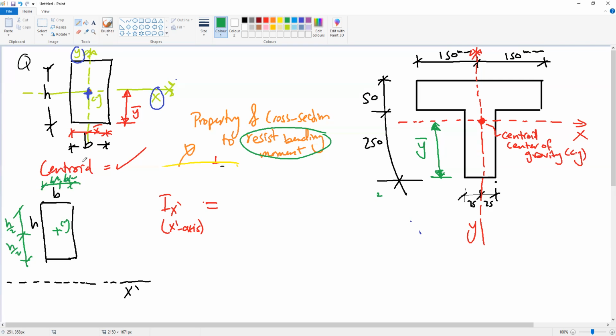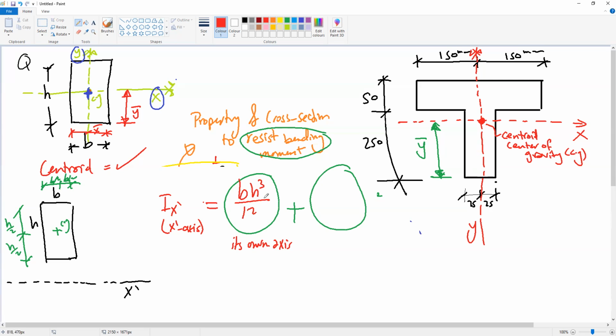So to calculate this inertia, it is two terms. If the axis is not passing through the centroid, the inertia has two terms. The first term is the inertia about its own axis, which is BH cubed divided by 12.